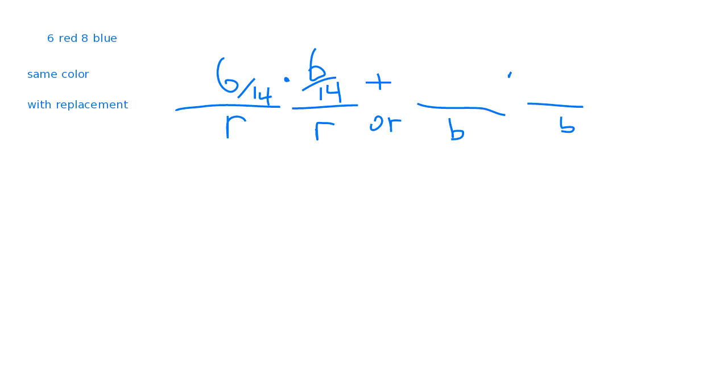If you start with 8, and again, you're only picking one marble, but you have to remember the definition of probability. Definition of probability is how many ways to get what you want. There's 8 ways to get a blue out of the total number is 14. So even though you're picking one marble, you have to think about the number of ways to pick it. And you're putting it back, so you still have 8 out of 14 ways to get a blue.